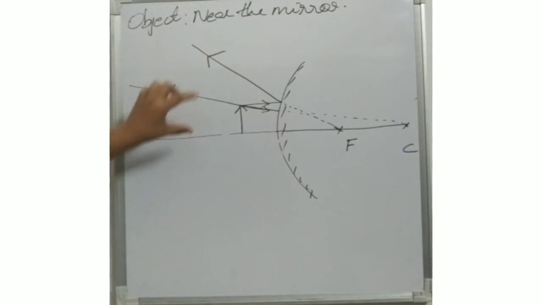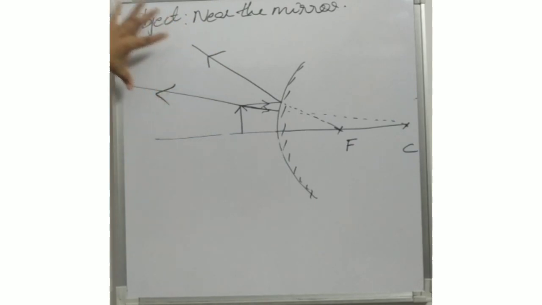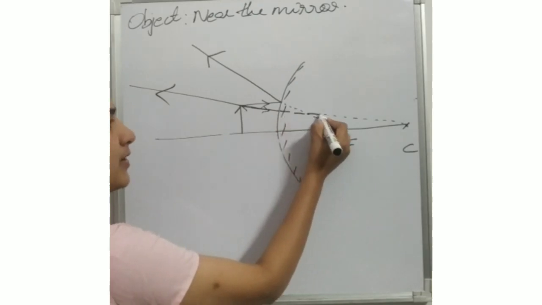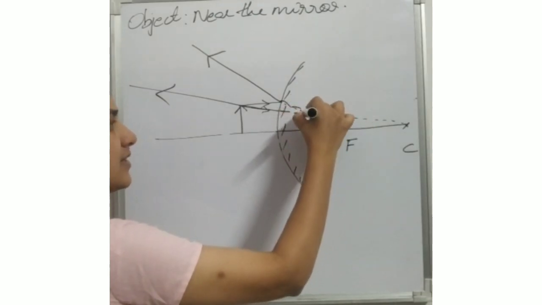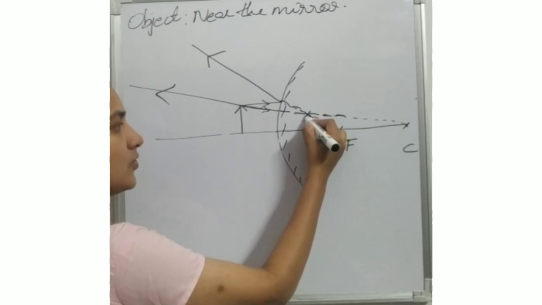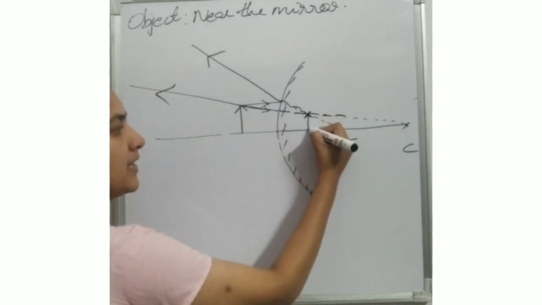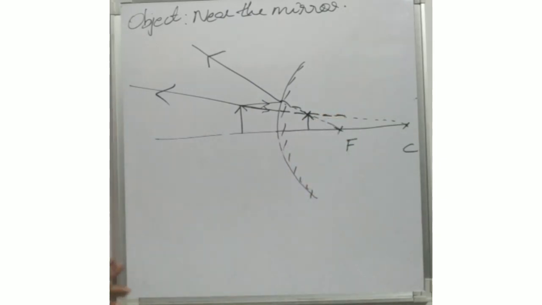Here also these two rays are diverging and going. They won't meet each other. So we can extend these lines in the backward direction to meet at a particular point. So it will meet at this point. So the image is obtained here.